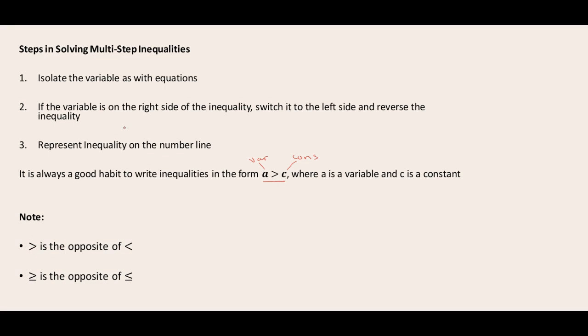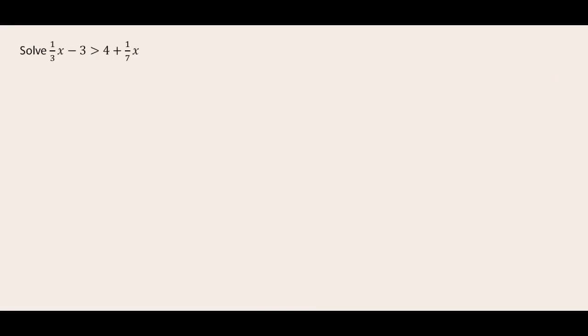So that means, for example, if you have C less than A, where C is your constant and A is your variable, you have to switch it to A greater than C, and so on and so forth. Now let's look at some examples.